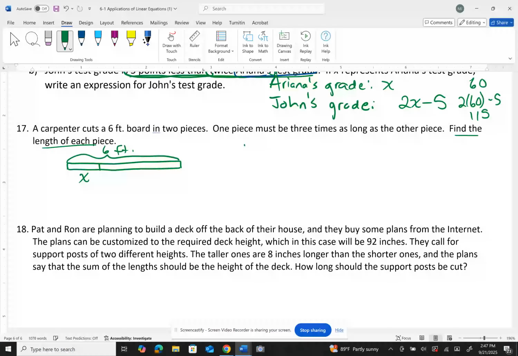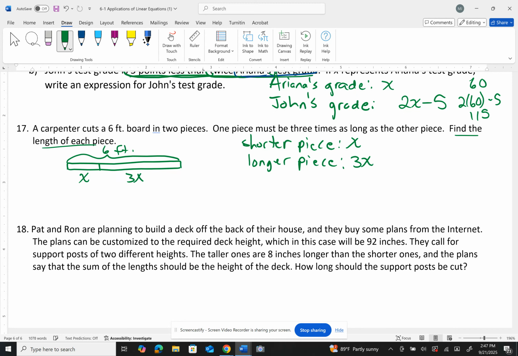Let me write shorter piece. I'm going to let that be X. The other piece would have to be 3 times as long as that. So wouldn't the longer piece have to be 3 times that?